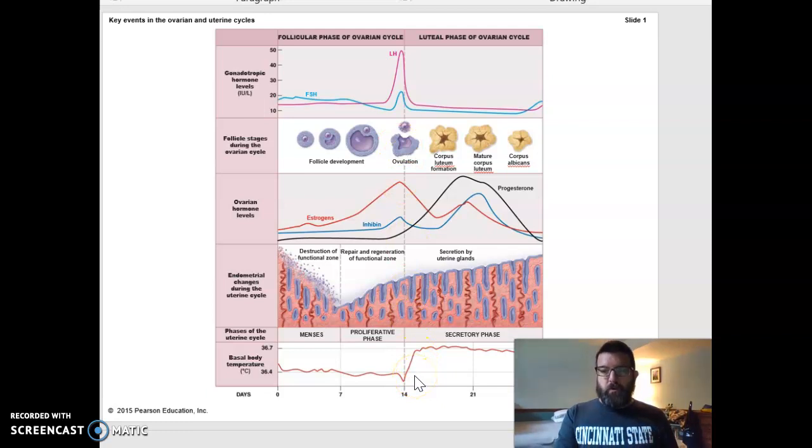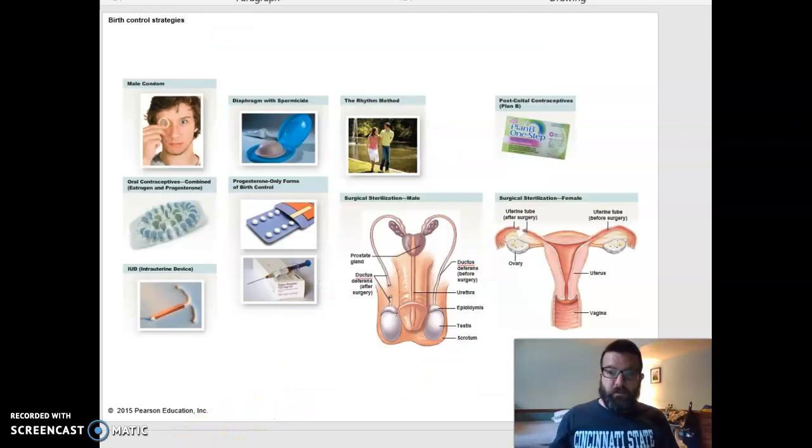Sometimes people who are working really hard to get pregnant or working very hard not to get pregnant will pay attention to the basal body temperature to have some idea of when, along with the calendar, obviously, the woman may be ovulating and fertile.